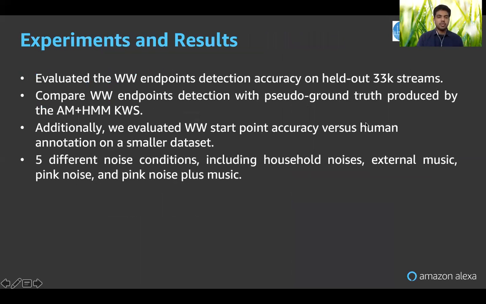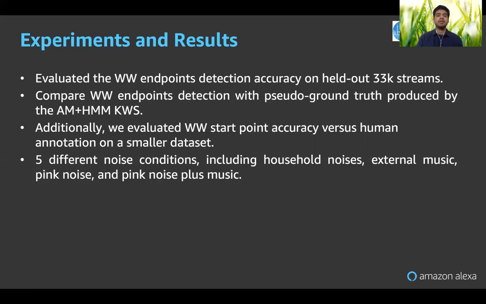Coming to the experiments and results now. We evaluated the endpoints generated by both of these methods with the 33K annotated, held out streams. The ground truth for these 33K streams was not human annotated.